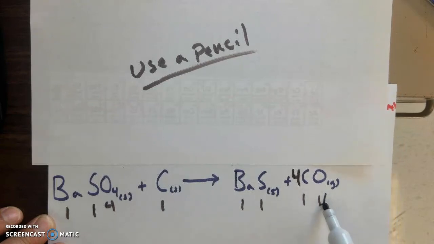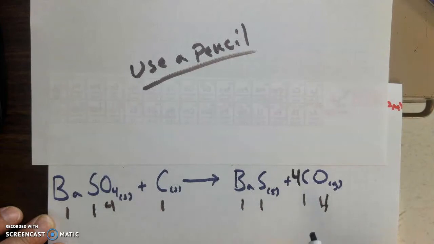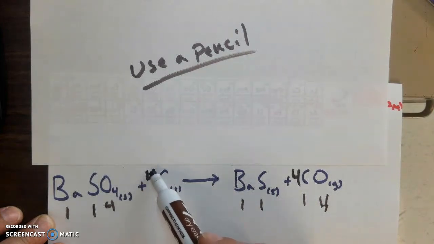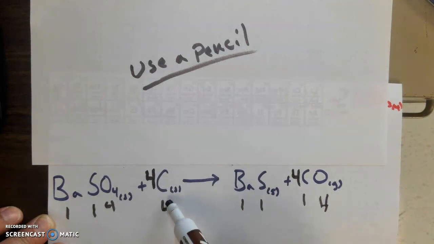Cool. One carbon, 4 carbons. Uh-oh, got to add a 4 here. That changes that to a 4. Now let's check. One barium, one sulfur, 4 oxygens, 4 carbons. And that is a balanced chemical reaction.